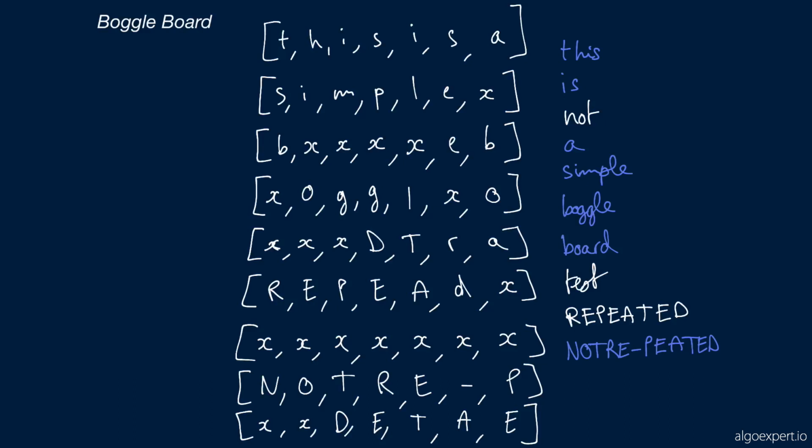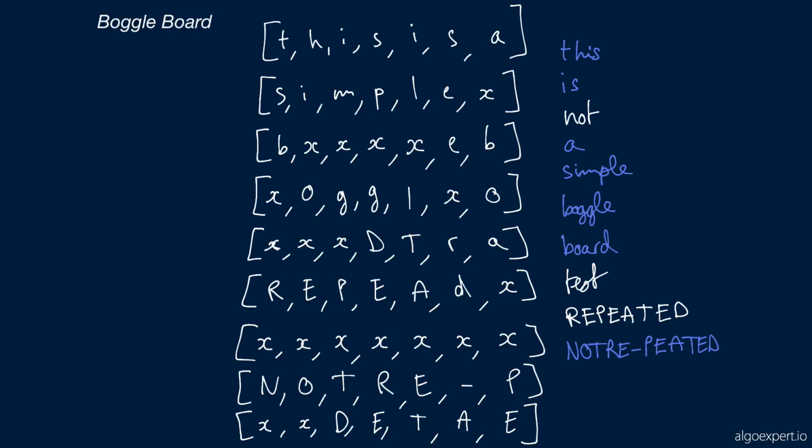This question gives you a boggle board, and we'll explain what that is in a second, which is going to come to you in the form of a two-dimensional array or a matrix filled with letters. So in front of me, I've got a boggle board with a bunch of letters in it. You're also going to be given a list of words, and these words are just going to be random strings of characters.